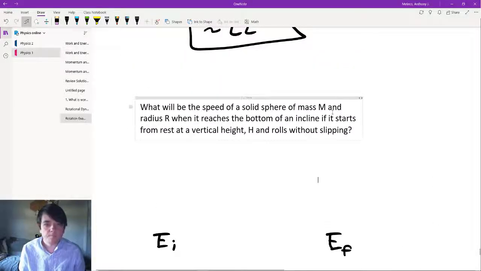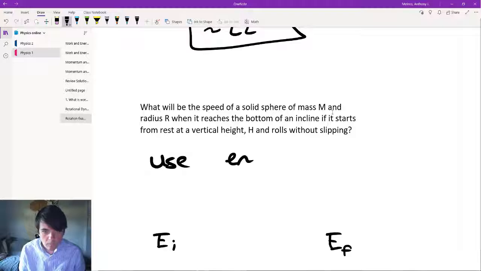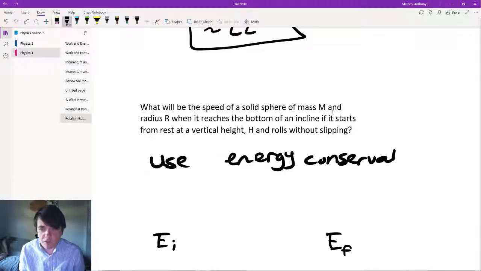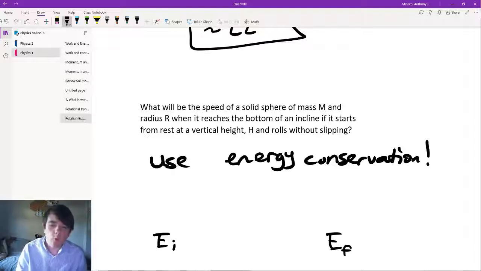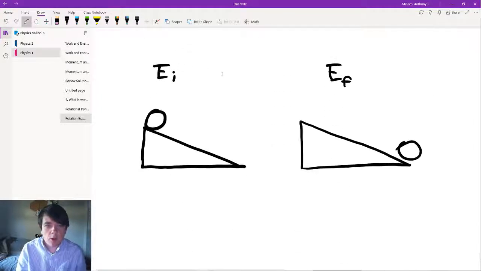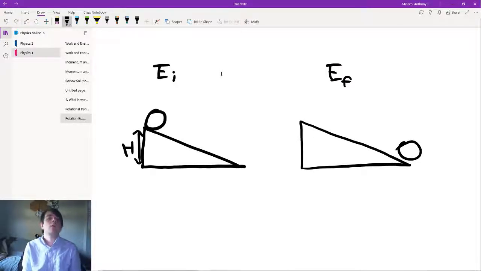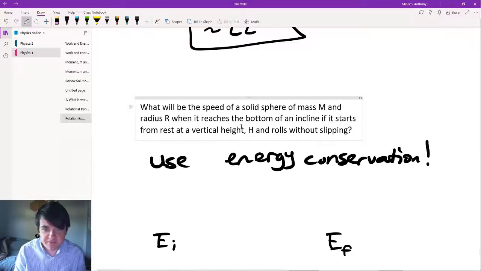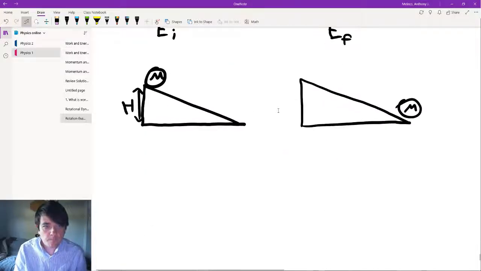So we use energy conservation, and this type of question will work very similarly to the past one, where you just need to figure out the energies at the different points. So what we have here is a height h.